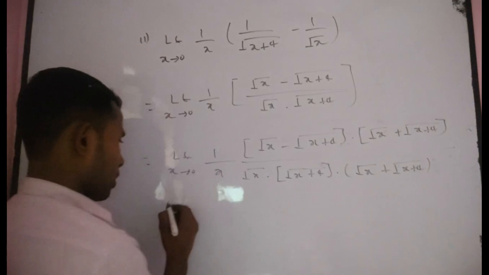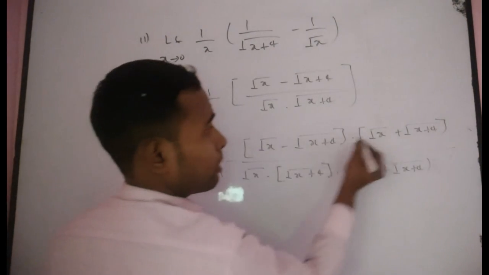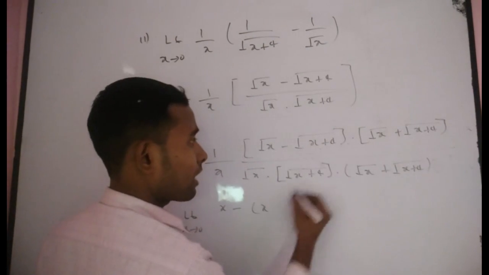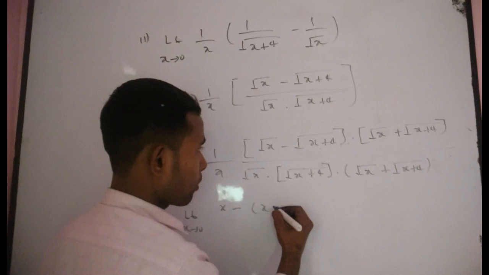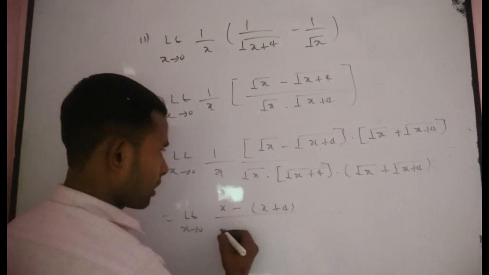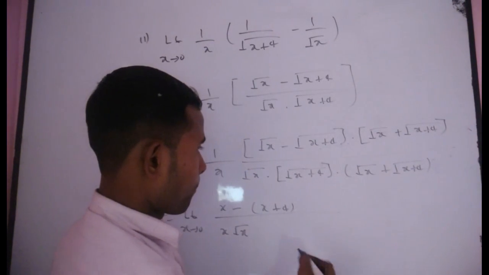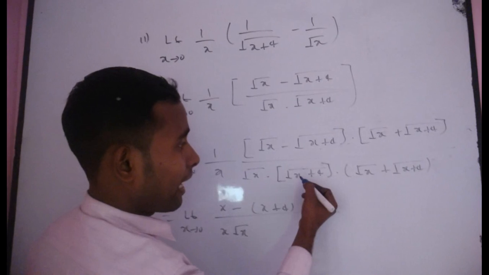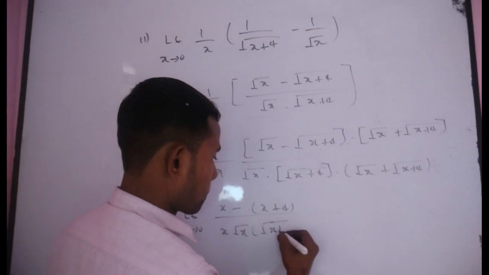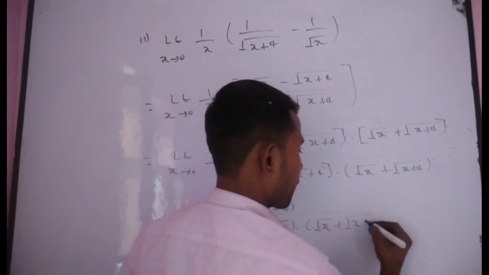After it, you get limit x tends to 0. a minus b into a plus b, that means a square, x, minus b square, root under x plus 4 whole square, that means simply x minus x plus 4, divided by x into root under x and root under x plus 4 into root under x plus root under x plus 4.